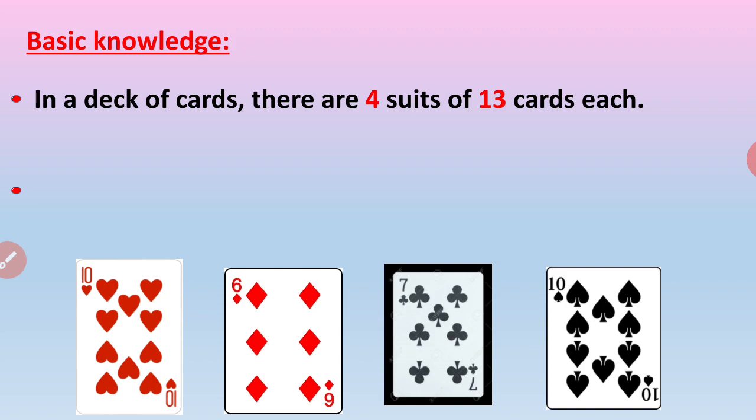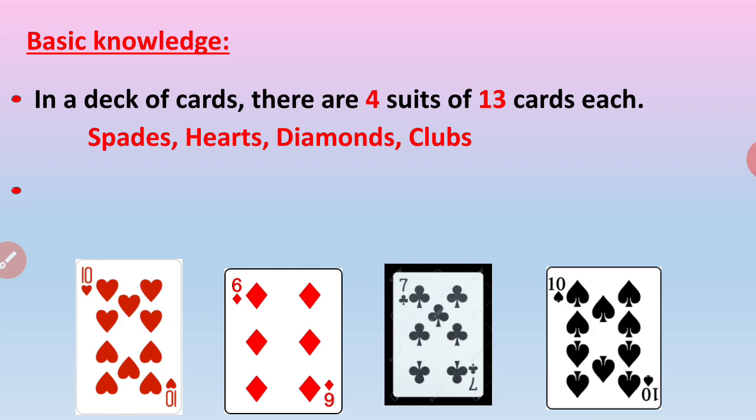Now, when you play with cards and think of a deck of cards, there are 4 suits of 13 cards each. So you can see all the ones shown here. They are spades, that is the last one here, the black colored leaf. Then you have hearts, that is the first one. Diamonds, that is the second one.